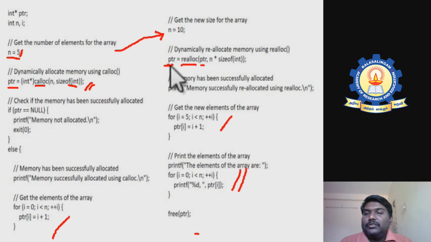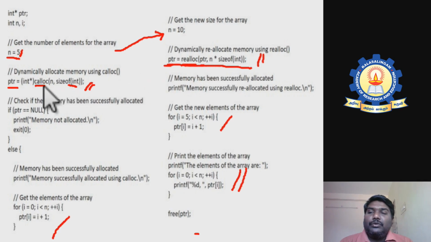So this is the syntax. And one more important thing here: we are doing a calloc statement. Calloc means it will be creating individual blocks of size integer. But when we are reallocating it, the individual blocks will not be there. It will be a continuous block, because you have the total size, so this is different.